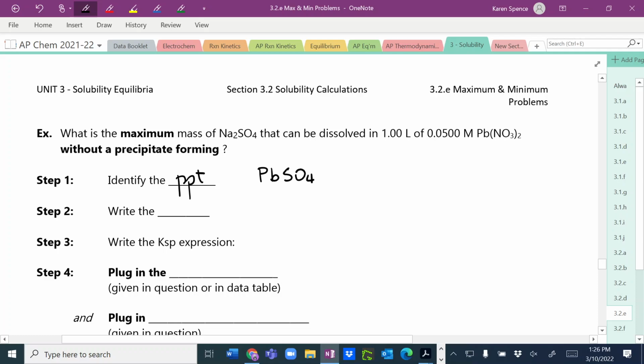PbSO4. Excellent. Write the solubility equilibrium equation. PbSO4 solid in equilibrium with Pb 2 plus and SO4 2 minus.